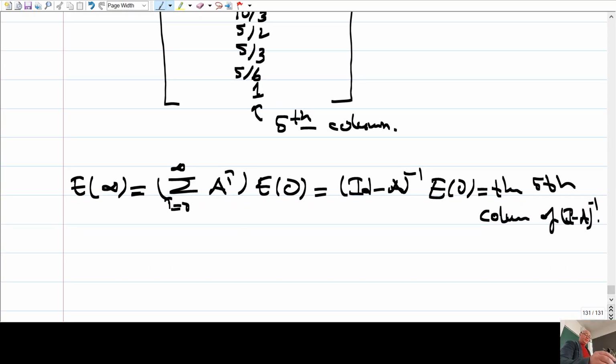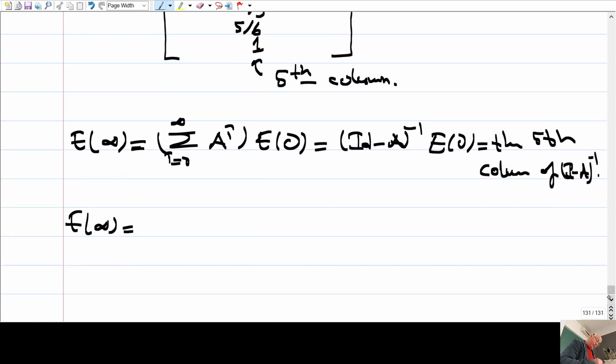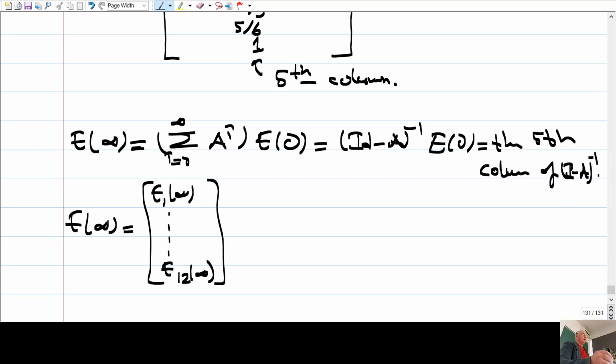So E infinity is the following: E1 infinity, and so on up to E12 infinity. These are the number of particles at each place as t goes to infinity. They reach an equilibrium value, and these are the values.